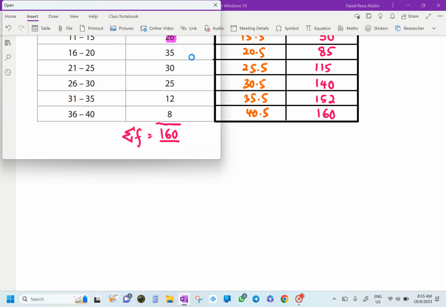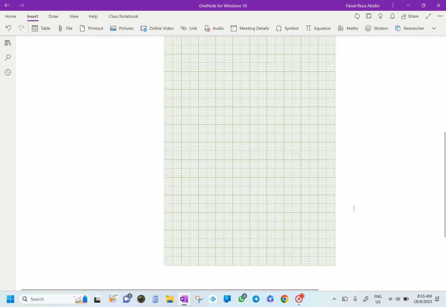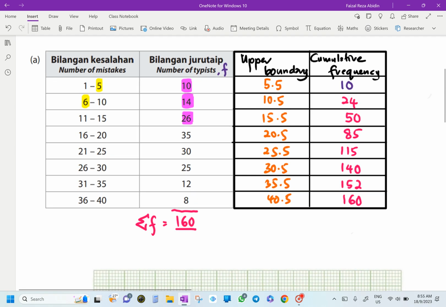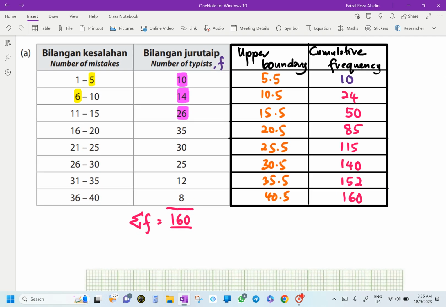Okay, so first thing first. The scale is not given to us. Upper boundary is going to be on the x-axis, the horizontal axis.